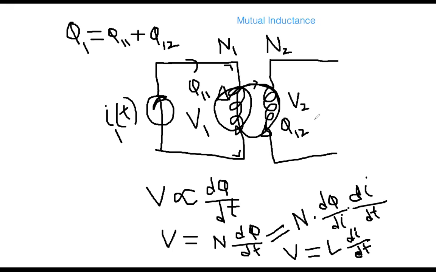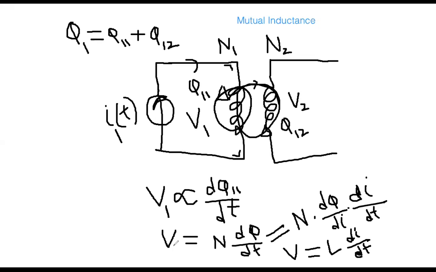Now I want to write down the expressions for V1 and V2. How do they look? First, I am writing the left side equation V1. V1 is proportional to d phi 1 by dt.